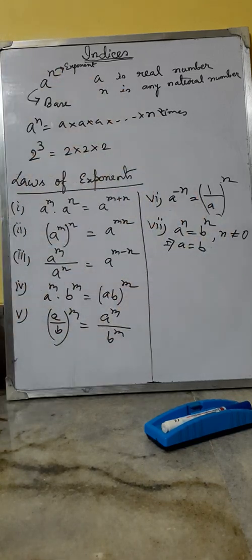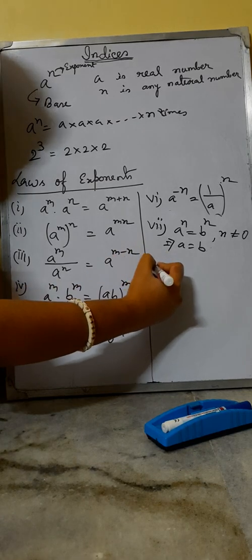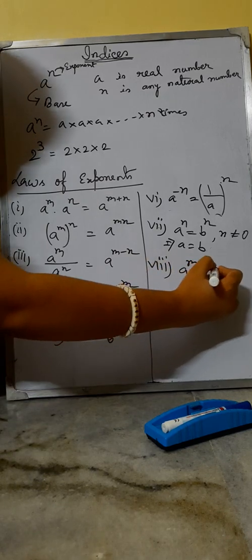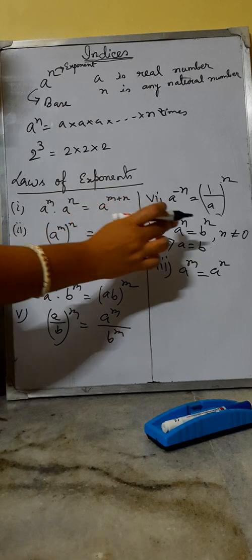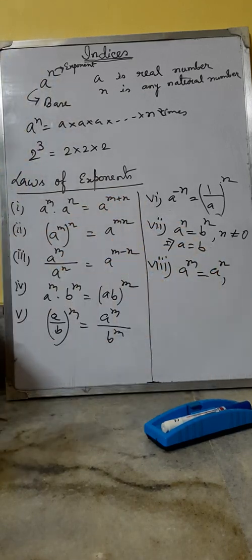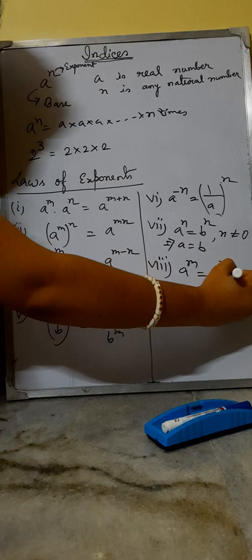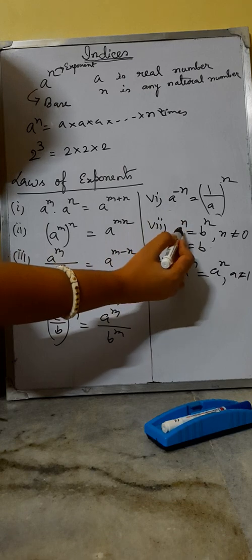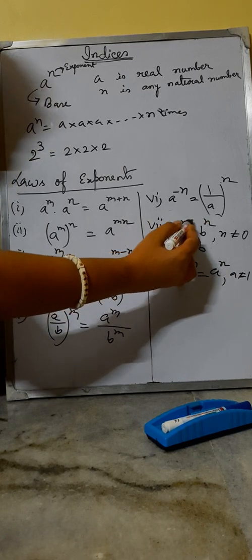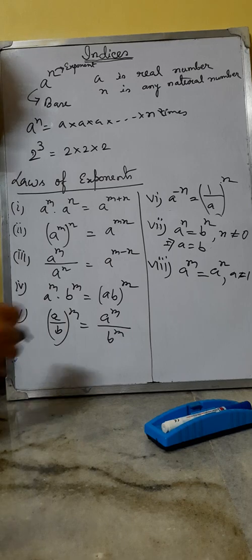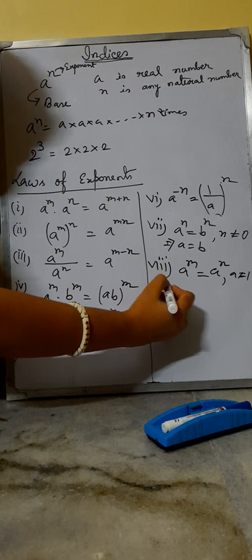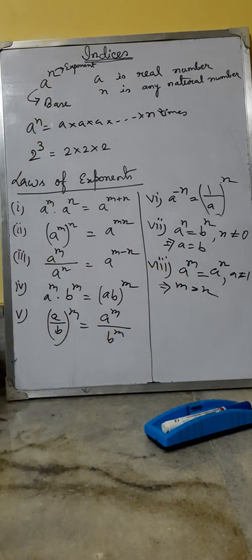Power cancels. Next, if a to the power m equals a to the power n and a is not equal to 1, now see, when base is different and power is same, power cancels and bases are equal. When base is same and powers are different, power is equal to the next power.